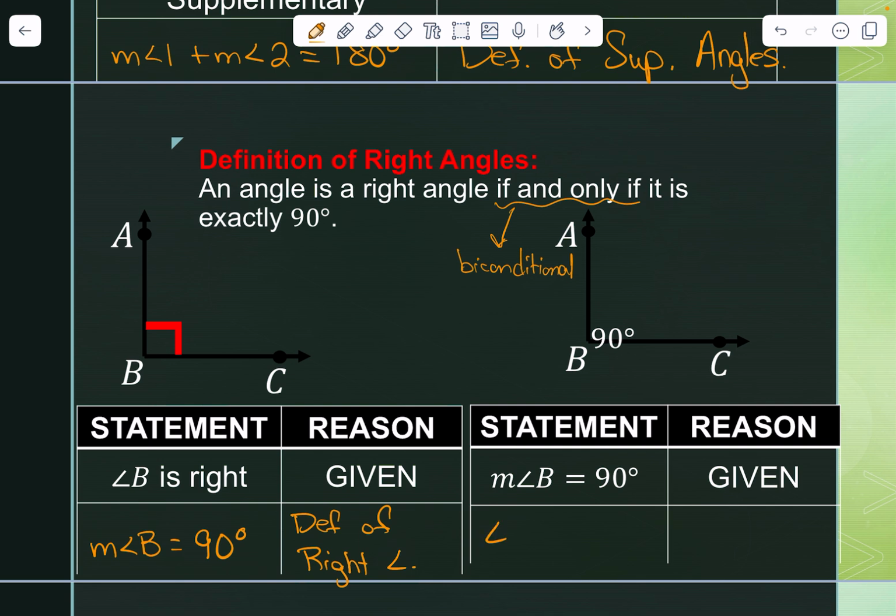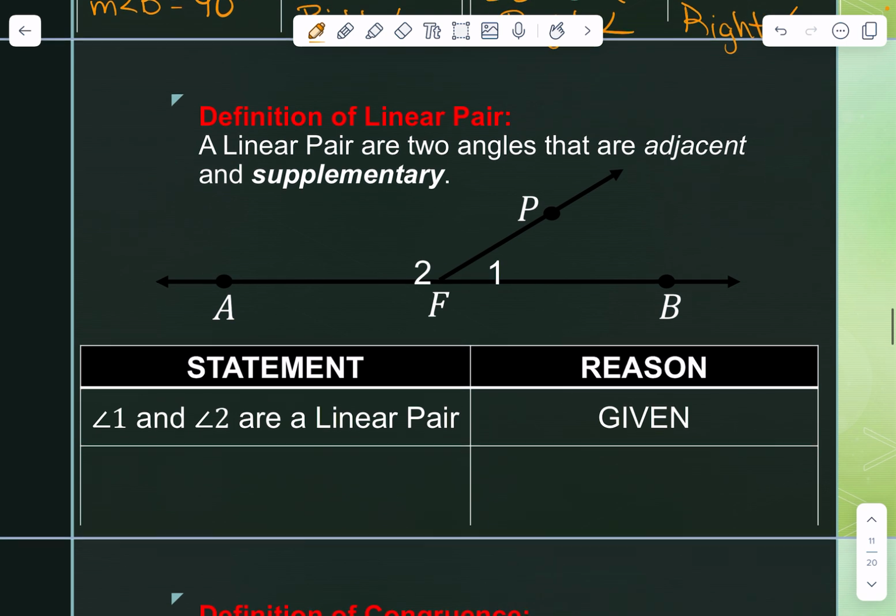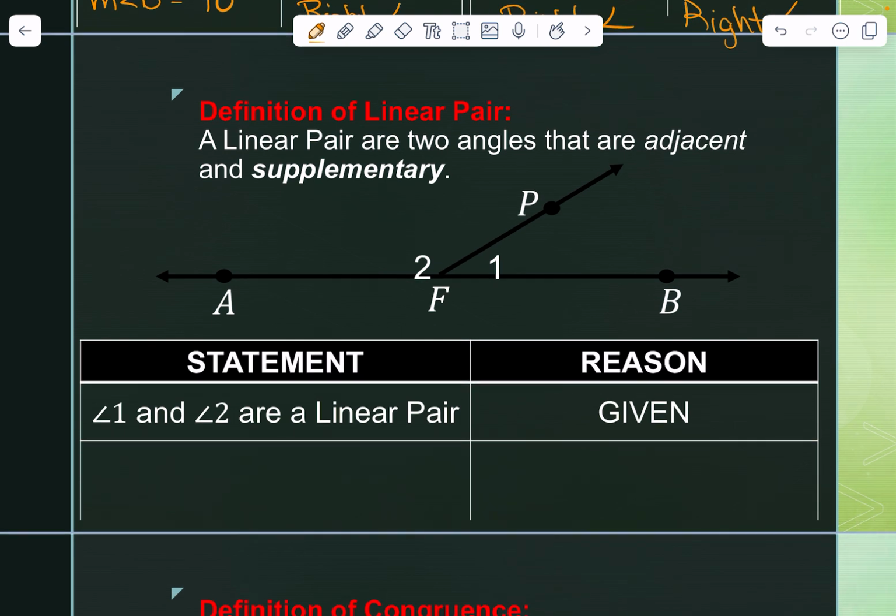But I also know it can go the other direction. By it being a biconditional, if I know it equals 90 degrees, then I can also say angle B is a right angle. And that is, again, by definition of right angle.